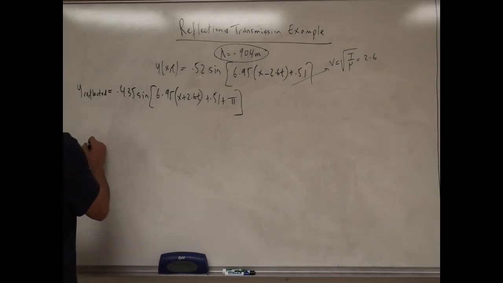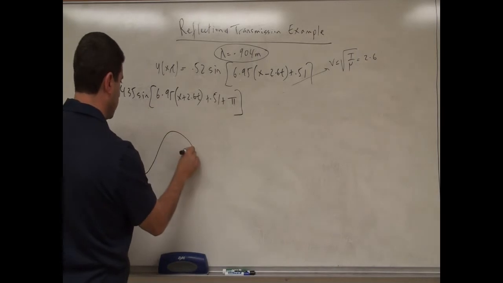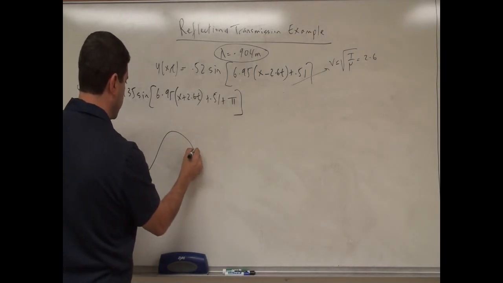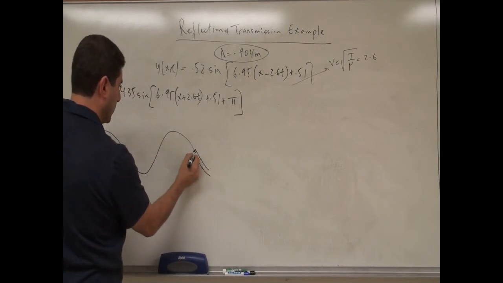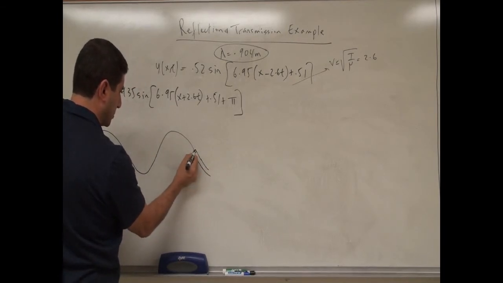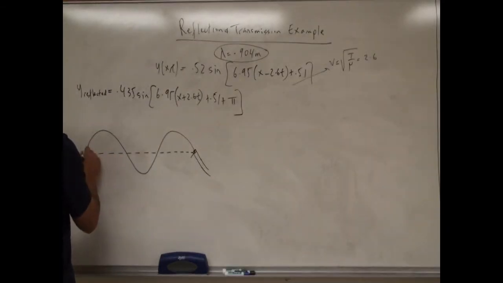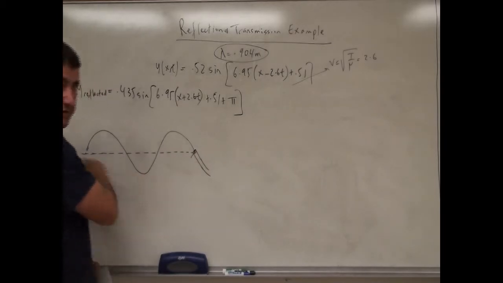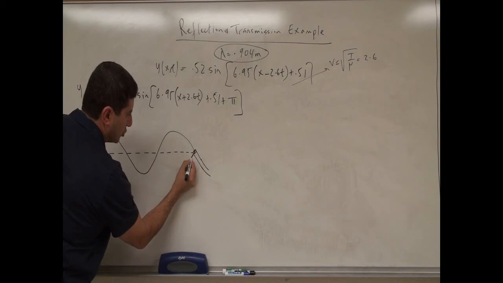So visually, it looks something like this. The wave came in like this, hit the boundary of the other string, and then the reflected wave should look a little bit smaller. So if this is the center of the wave, the middle, central axial line, then the amplitude should be smaller.